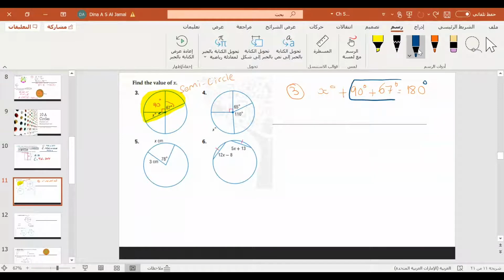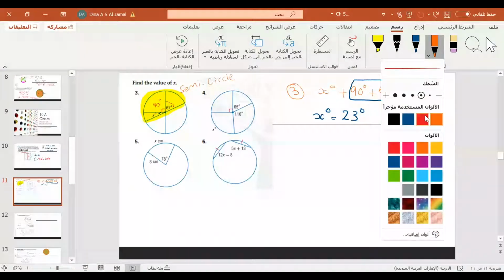Like terms, move them to the other side, and you can get your x degree to be 23 degree. That's your question 3. Now let's go to question 4 and pay attention.